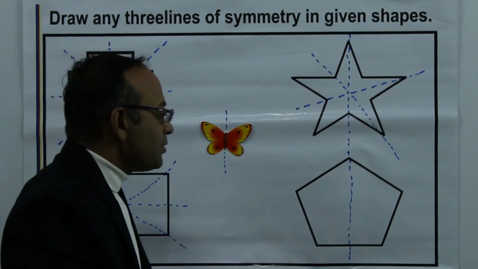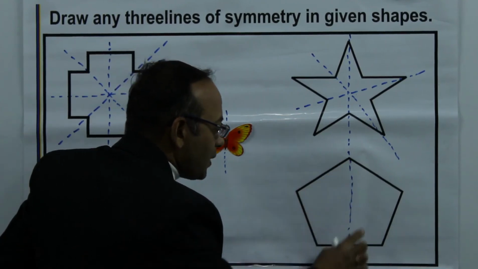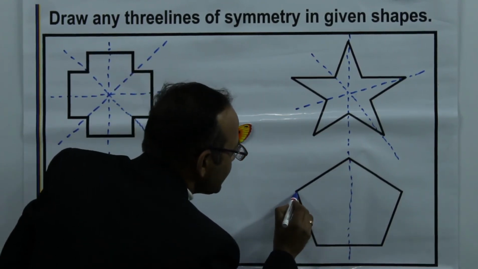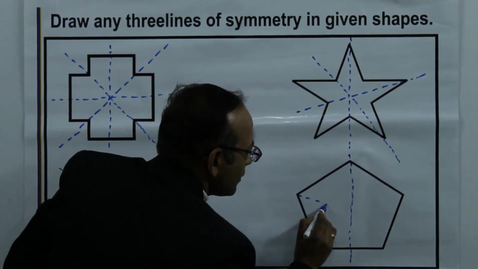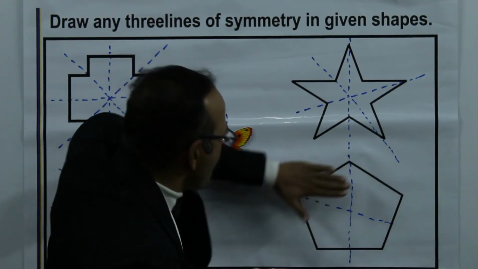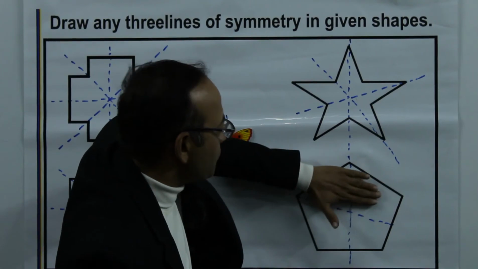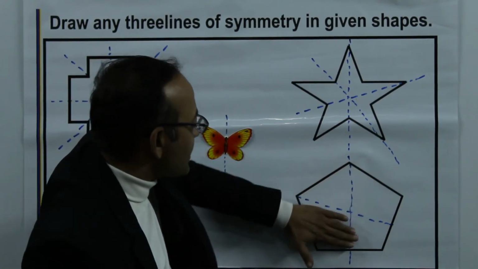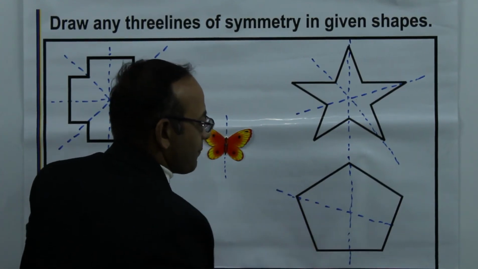Another one we can draw from this side to the opposite side. Again, this side to the opposite side. So the first figure and second figure are both the same on the mirror side. So this is also a line of symmetry.